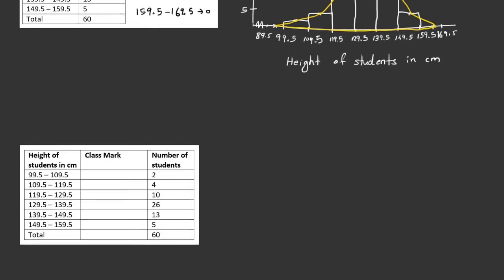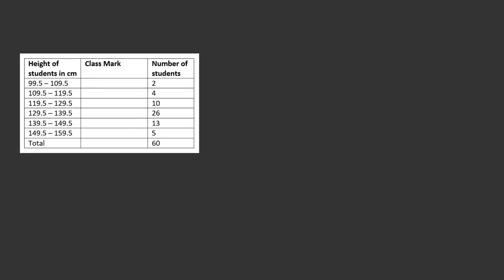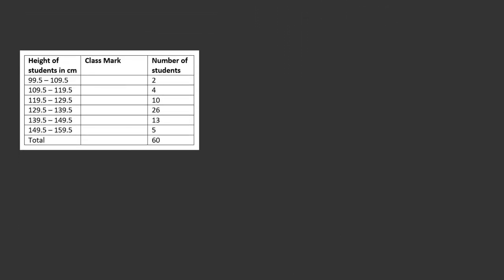Now, how to draw a frequency polygon without drawing histogram? If we know the midpoints of the class intervals of data, then it can be done easily. The midpoints of the class intervals are called class marks.